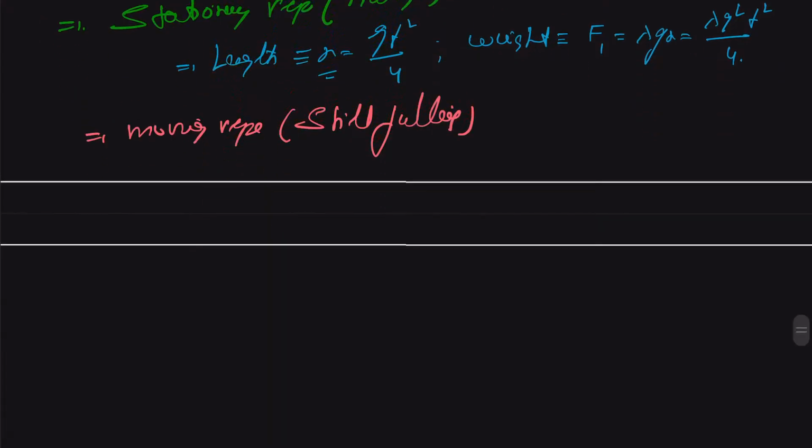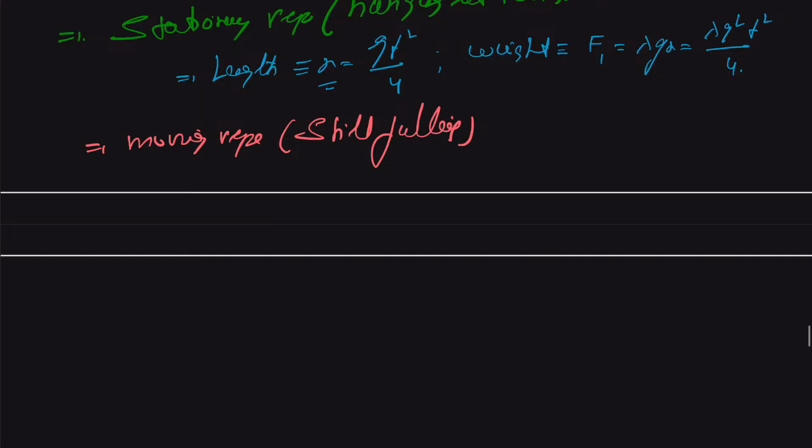Its length we can easily calculate. Total length was L, so this comes as L minus x, and its speed will be equal to g times t.